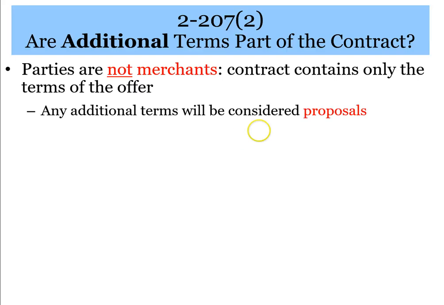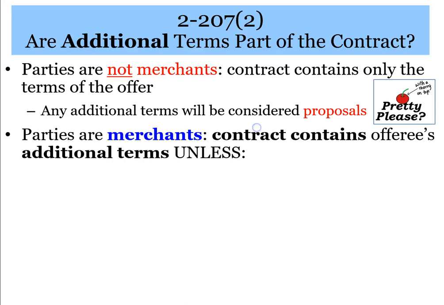If the parties are not merchants, the offeree's additional terms will be considered proposals for addition to the contract, which the offeror can accept or reject as she pleases. As a practical matter, this means that the additional terms will not become part of the contract. It's more of a pretty please. But also, in practice, only businesses use form contracts, so the battle of the forms almost always involves merchants.